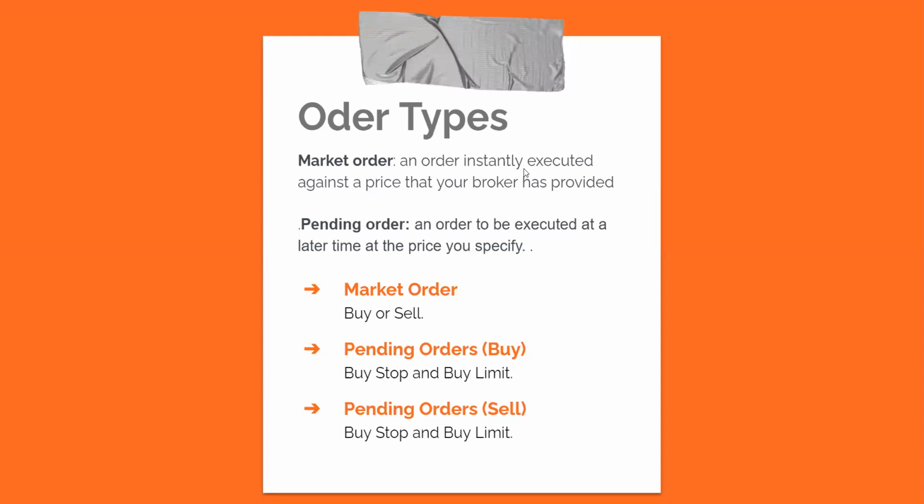Order types: market order, an order instantly executed against a price that your broker has provided. Then there's also a pending order, which is an order to be executed at a later time at a price you specify. The types of orders are market orders, and that's typically buy or sell.